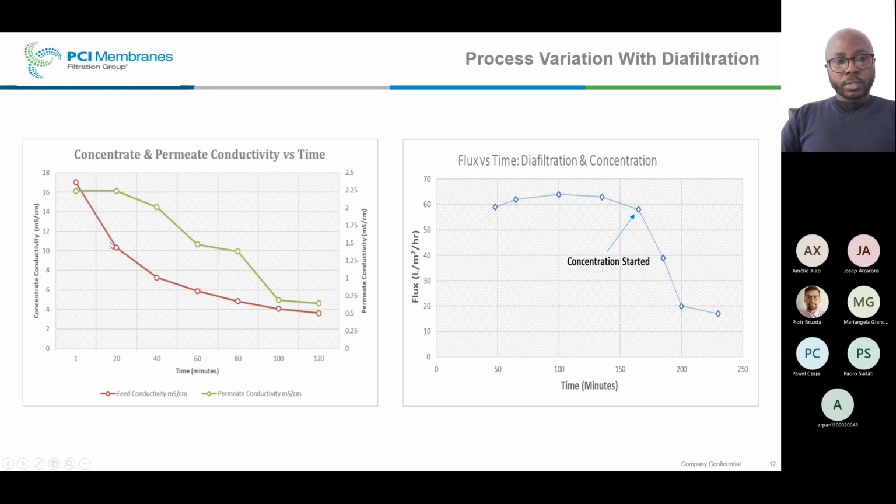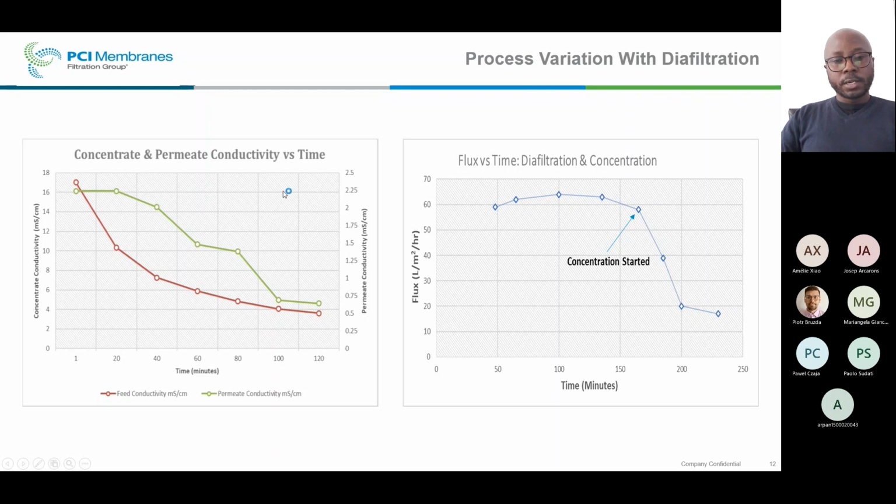At the start of the test, as the trial was mainly completed in batch mode, the feed stream had a high conductivity, mainly due to the presence of salts or impurities in the solution. So the conductivity is high.